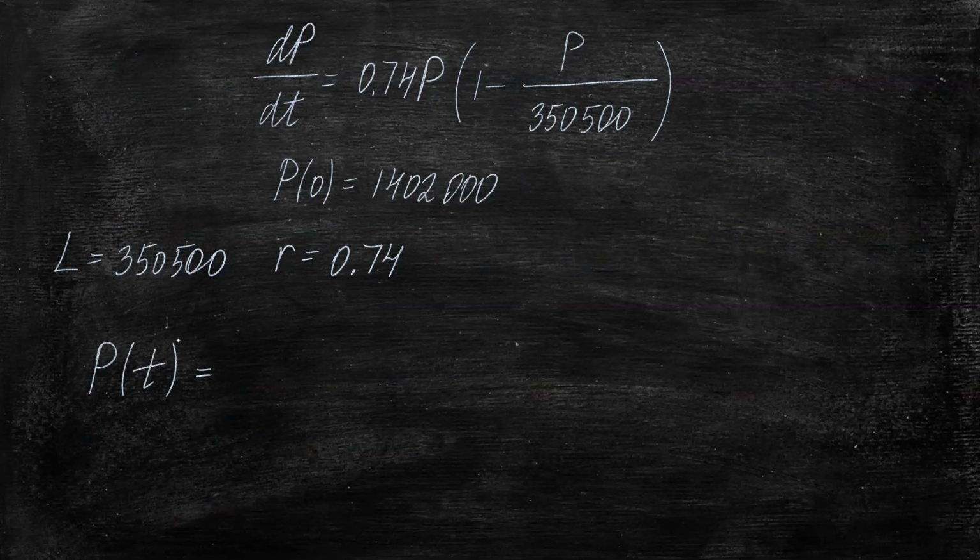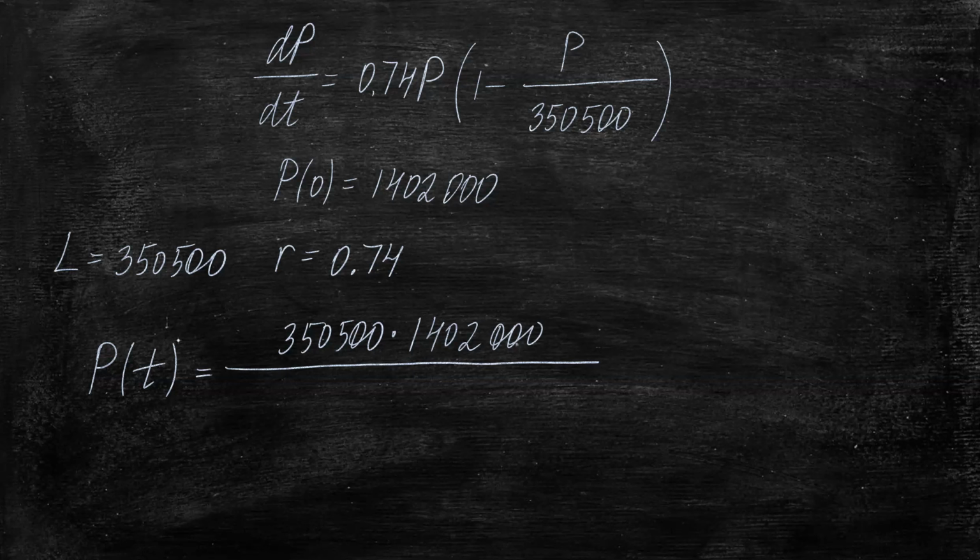We're going to have the limiting capacity multiplied by the initial population, and all that divided by limiting capacity minus the initial condition.